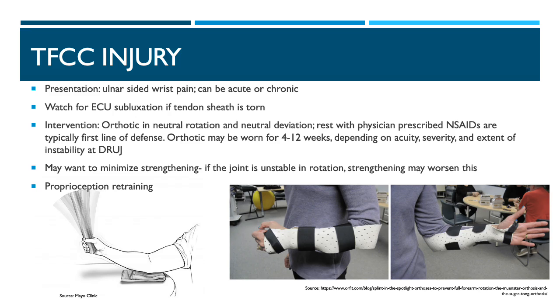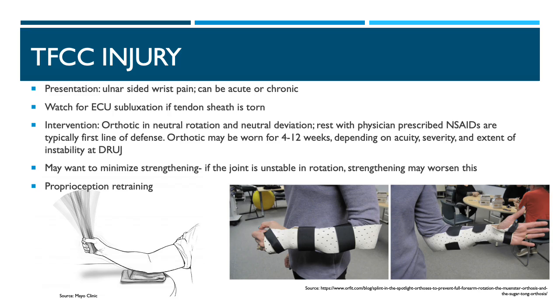Usually rehab is a really, really painfully slow process with TFCC injuries. They can heal really well, but if you try to progress and you're like, okay, let's get to strengthening, let's do weight bearing, you're going to make it worse. A lot of times you might even want to minimize strengthening at all if the joint is unstable in rotation. Strengthening could worsen that.